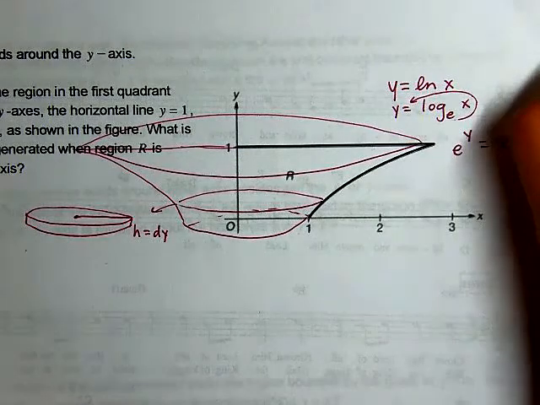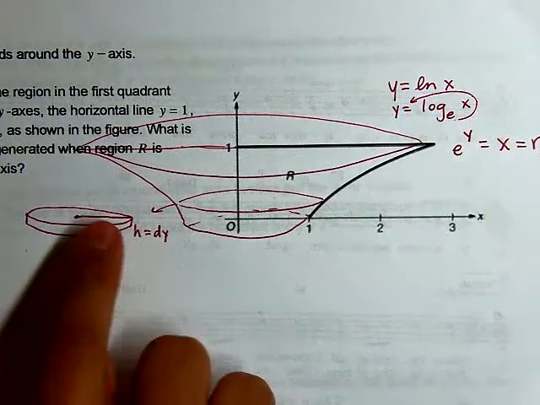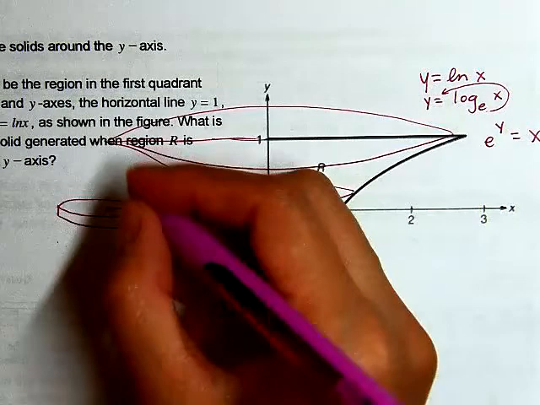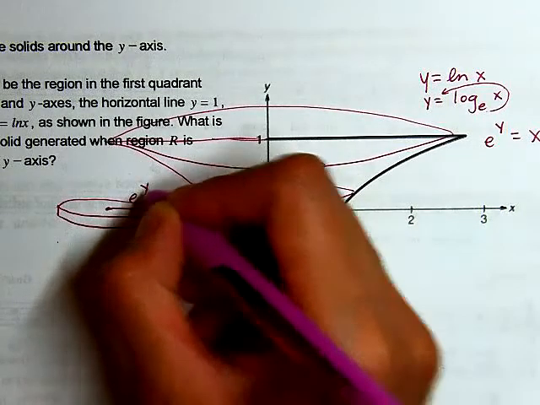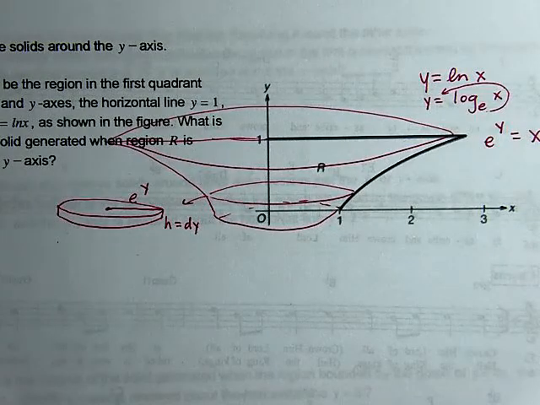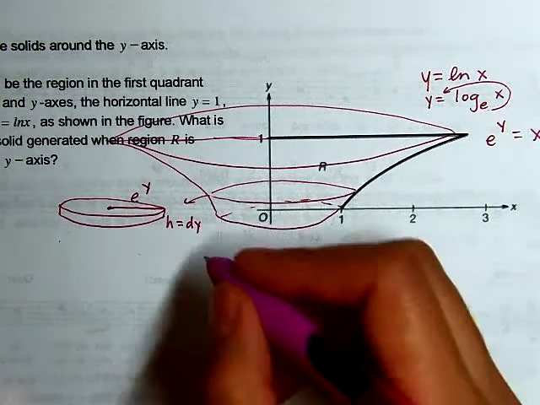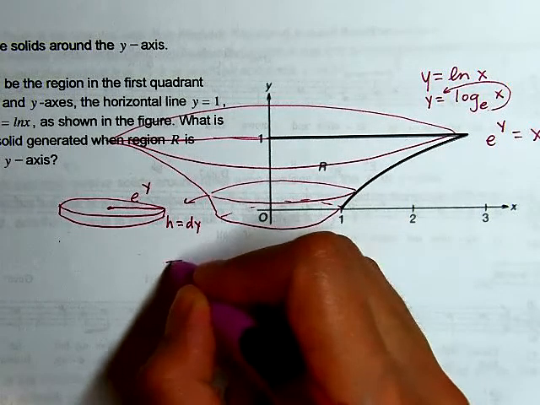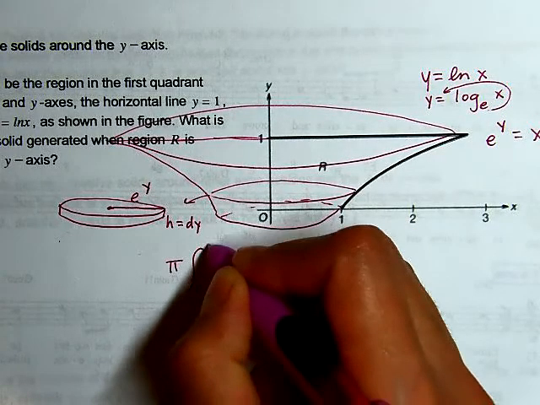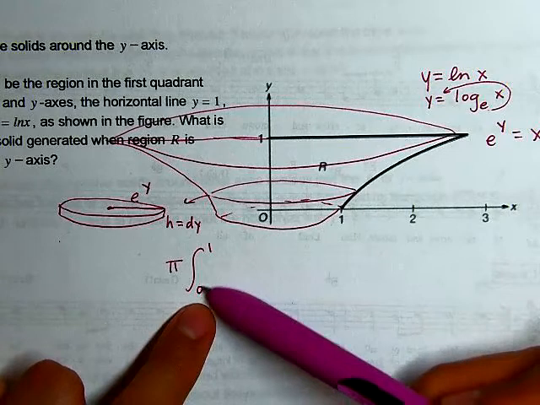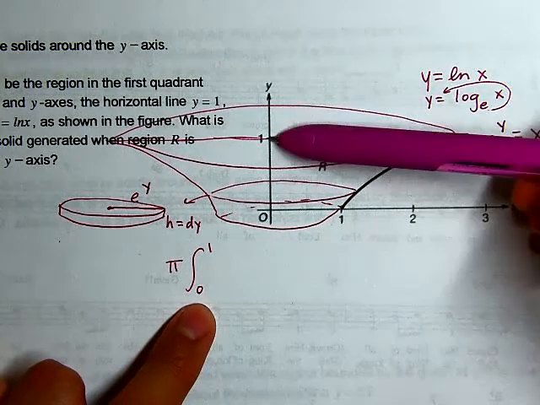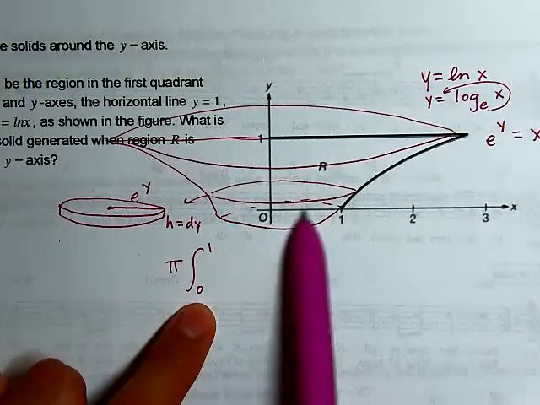So this is the radius. This is how long our disk is here. It is e to the y long. We're going to use the same formula, except now instead of respect to x, it is respect to y. So our limits are going to be based on the y values, not based on the x values.